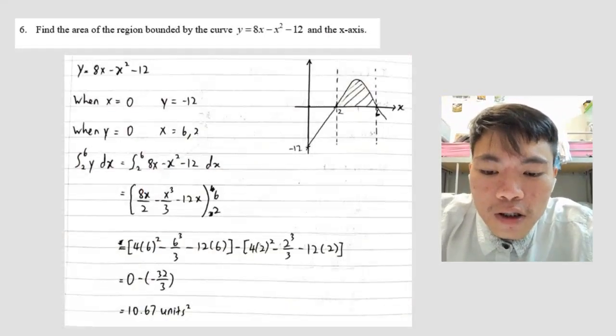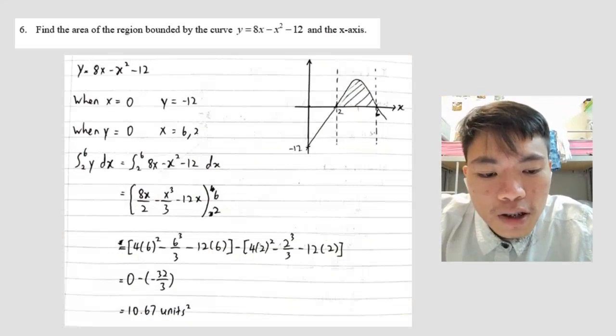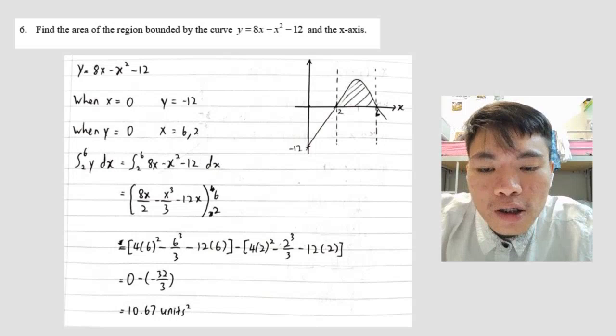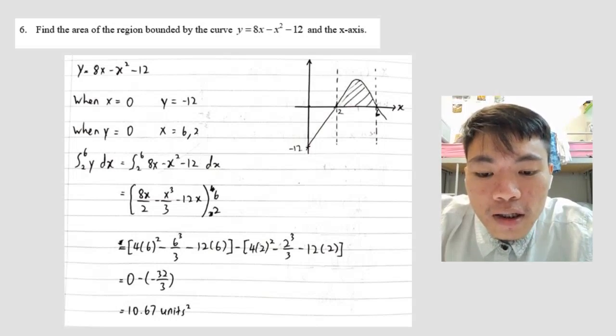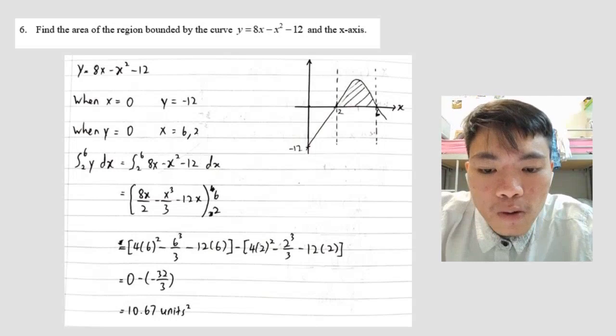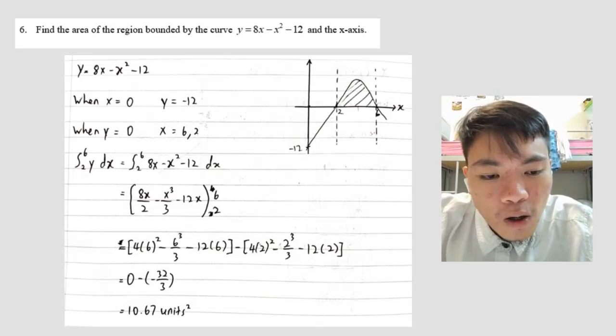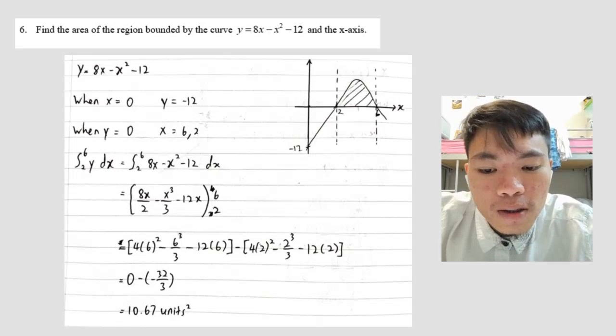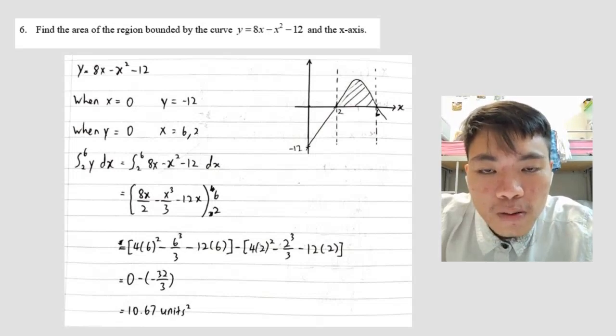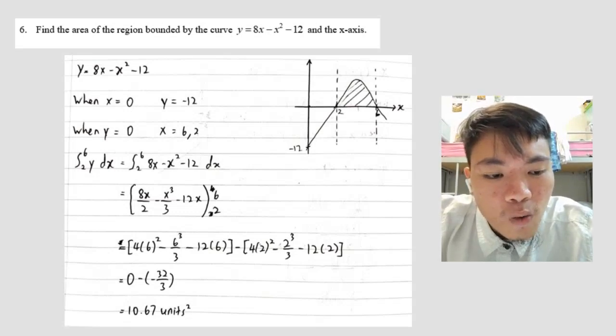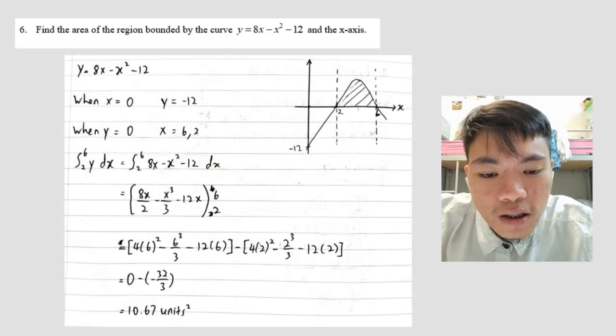Next, question C. Find the area of the region bounded by the curve y equals 8x minus x squared minus 12 and the x-axis. Based on the question given, we know that y equals 8x minus x squared minus 12 is a quadratic function. So we substitute x equals 0 to get the y value, and the answer is negative 12.